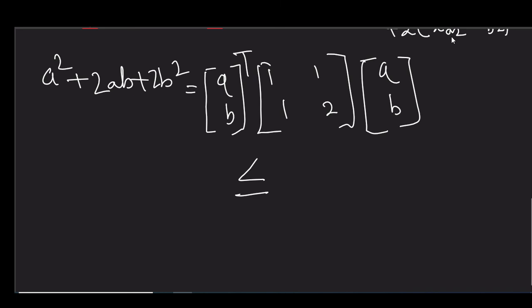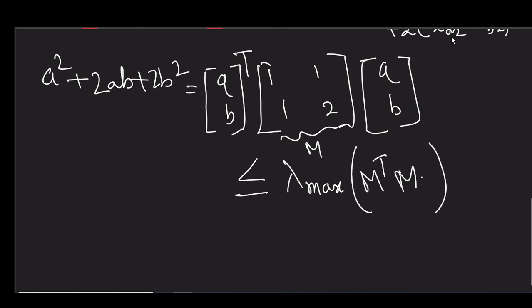So that is less than or equal to lambda max of this, if this matrix is say M, lambda max of MTM into the 2 norm of AB whole square. Yeah. So this is what we will get.